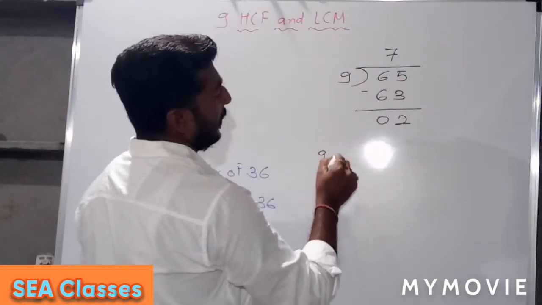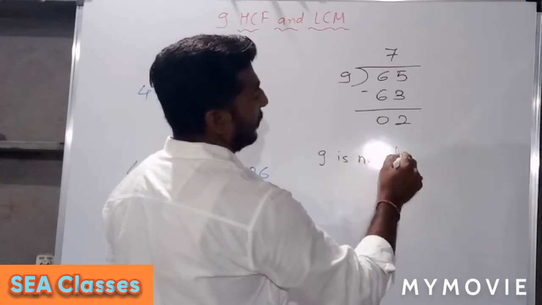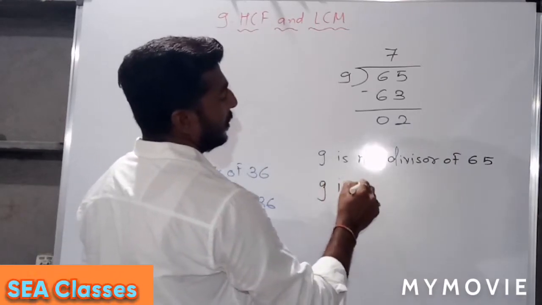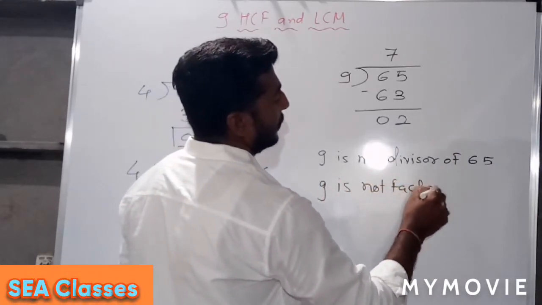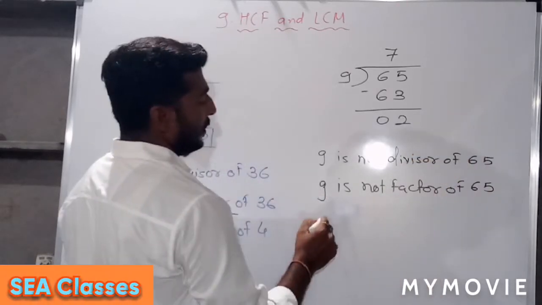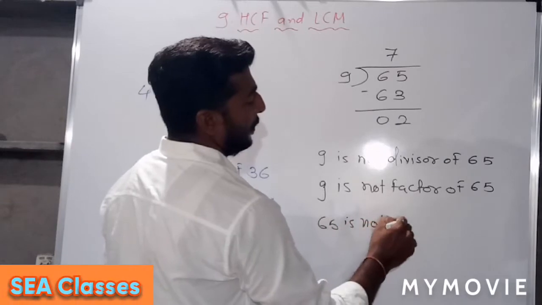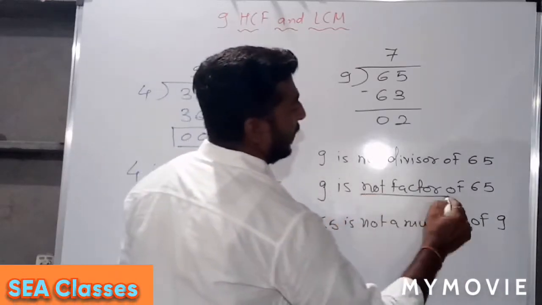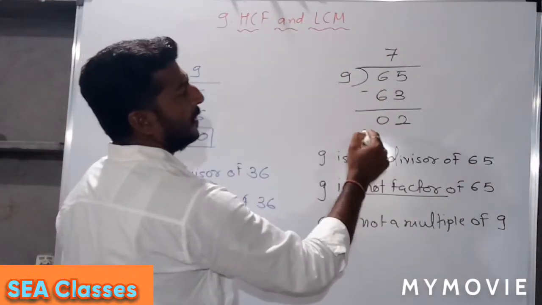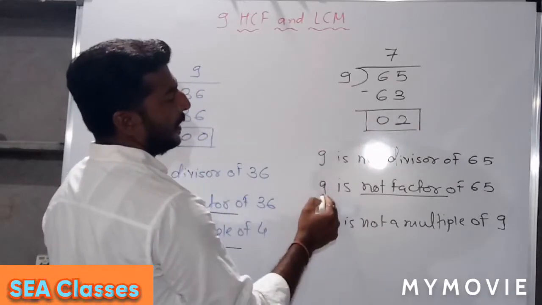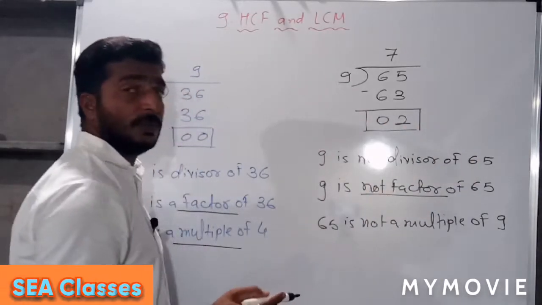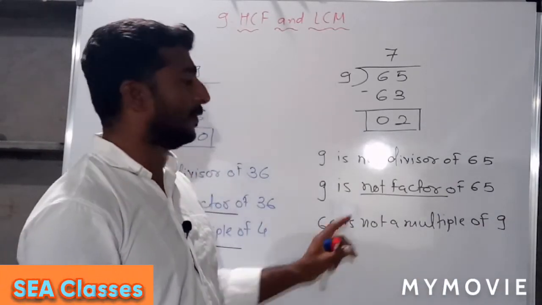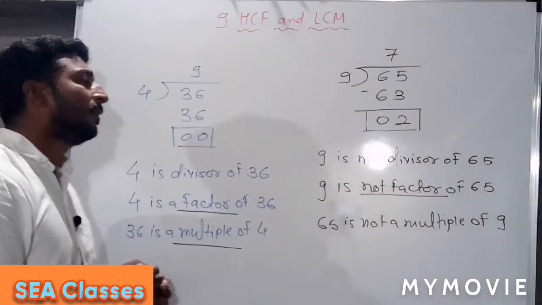So 9 is not a divisor of 65, which means 9 is not a factor of 65, and 65 is not a multiple of 9. You did not get remainder 0. In the table of 9 there is no 65.